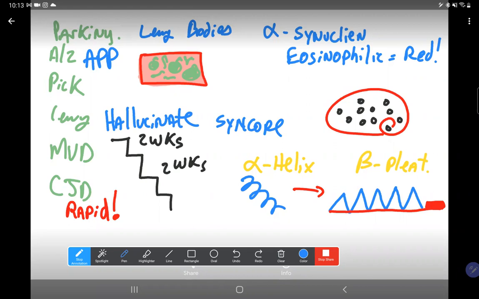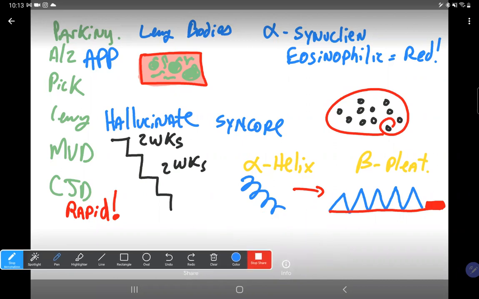Those little mountains, that's beta pleated. Alpha helix goes to areas in the body that have a lot of twists and turns, like your hair, like blood vessels, or your nerves, like the neurons in your brain, going all over the place, a lot of twisting and turning.